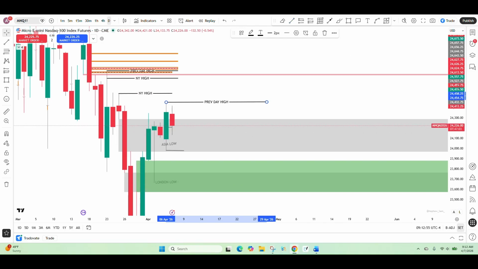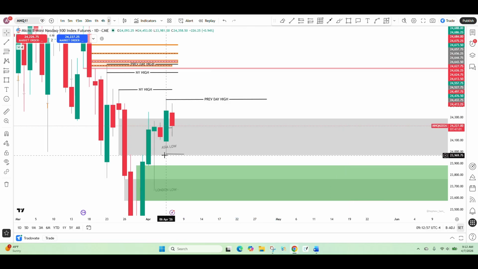Okay, so that's marked out. And the low is already a previous Asia low. I don't know what that was, but it was already marked, so I'm just extending the line. So that's yesterday's previous high and low.